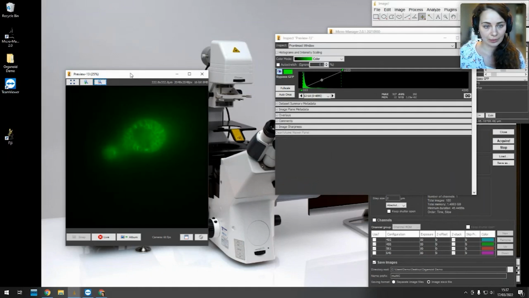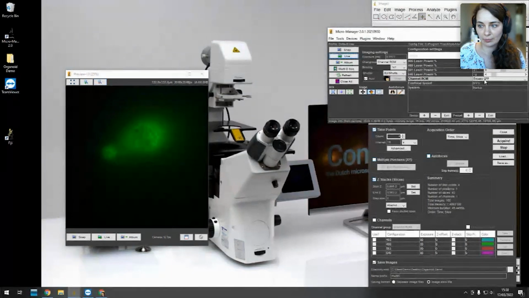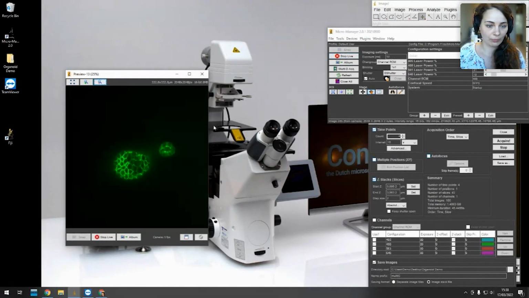This is the bypass mode, which means that I am using the epifluorescent microscope mode, which gives us standard wide field microscope image quality. But with one click, I can switch easily to the confocal mode, which of course gives a way higher quality image. So now I am moving in Z.